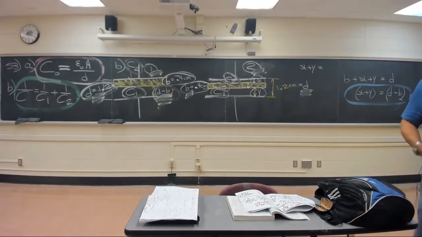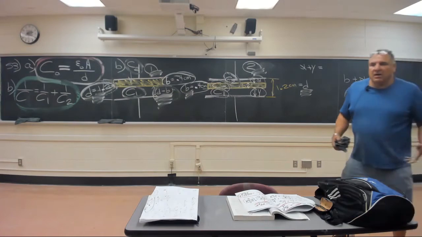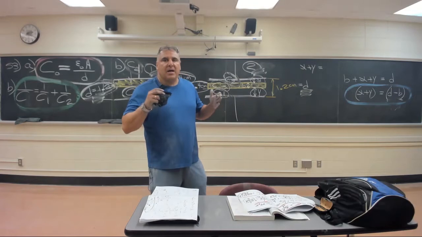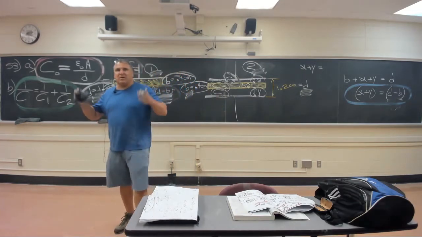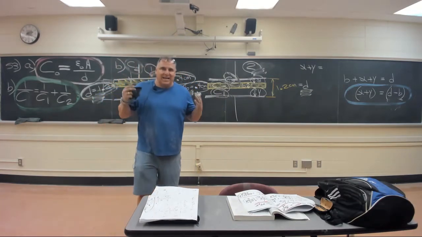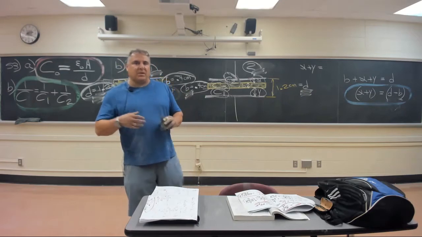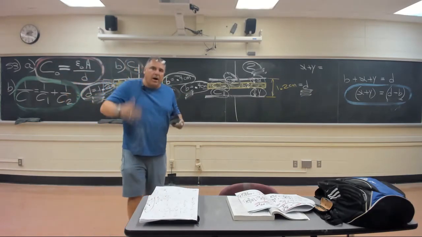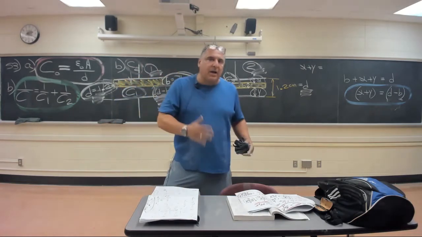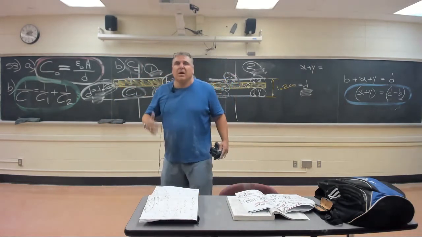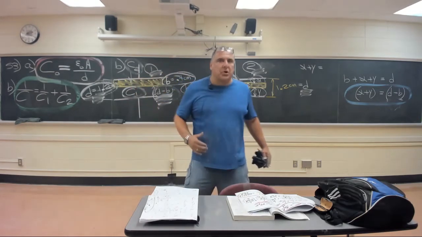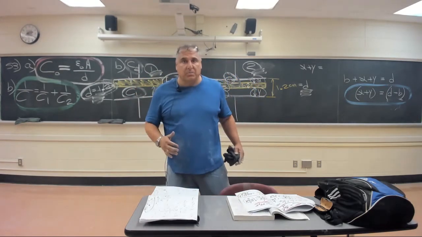Is it going to change the capacitance of the system? Is where you have the slab, which is the identical facial area of the dielectric. The dielectric's facial area is identical to the facial area of either capacitor plate.